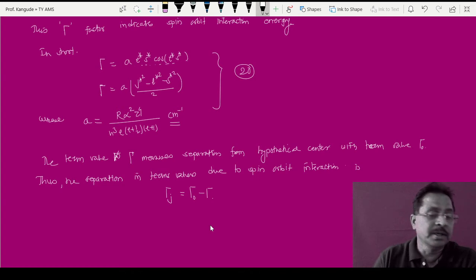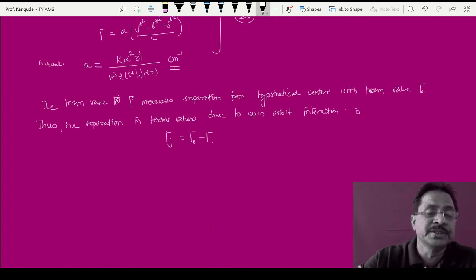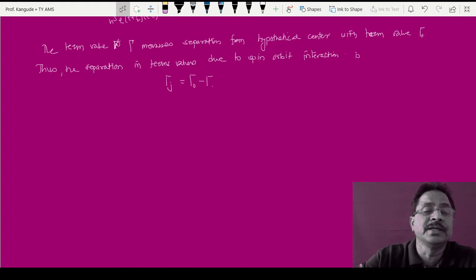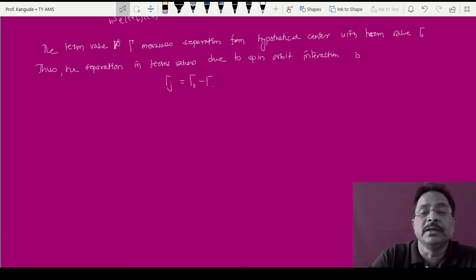Now here in this case, what is this? For example, in the P state, we are going to take the example of sodium, and in that case we are going to draw this type of diagram. This diagram tells you a very interesting thing because of this spin orbit interaction. So draw this diagram first, we will understand what we are doing here.